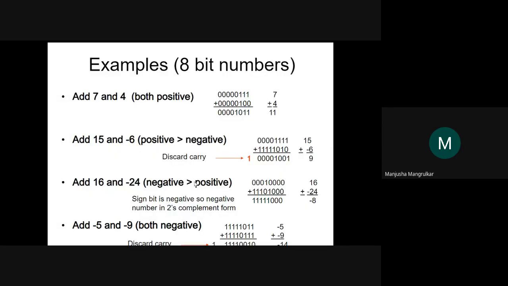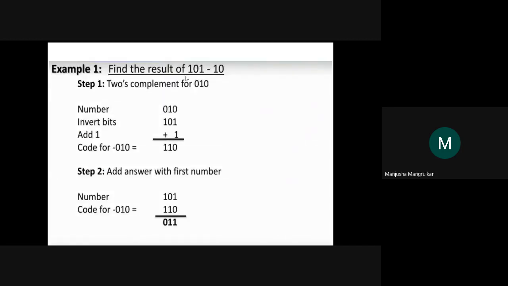Now suppose this is the first example. Find the result of 101 minus 10, right? What can we do? 101 plus of minus 10. Now this minus 10 we need to convert into 2's complement. Now the number is 010. We have to make the same number of bits.